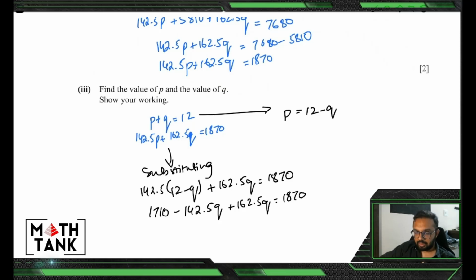Okay, that's 20q, and 1870 minus 1710 gives me 160. So q is 8.